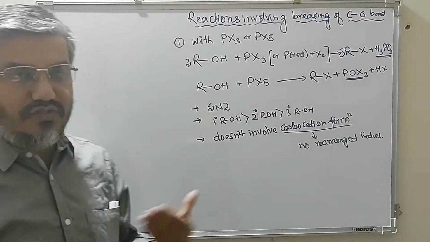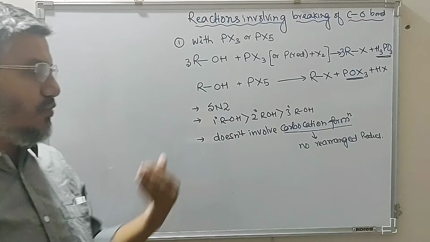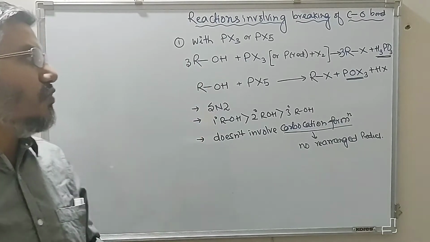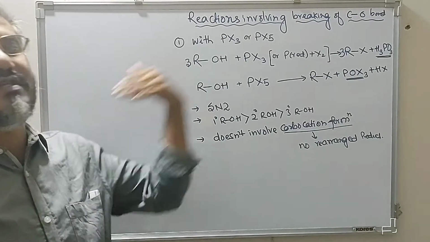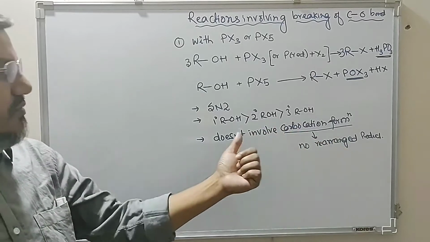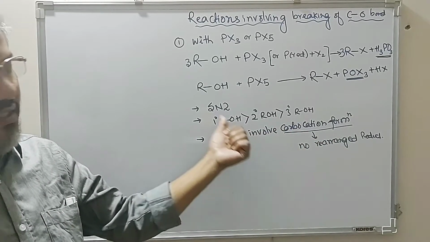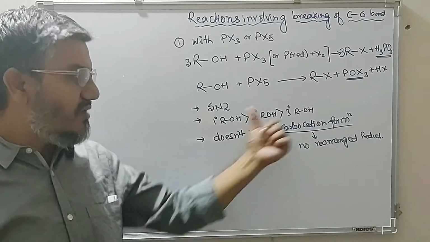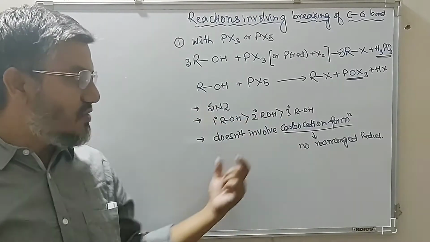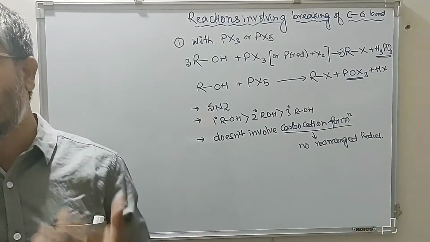Since the reaction occurs by the SN2 pathway, the most reactive alcohol for this reaction, the one which gives you the maximum yield of alkyl halide, will be primary alcohol. Since the reaction proceeds via formation of a transition state, there is no question of a rearranged product forming.